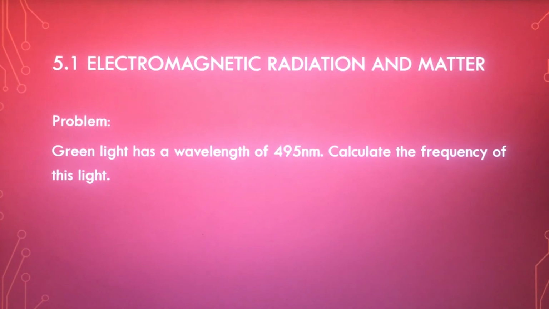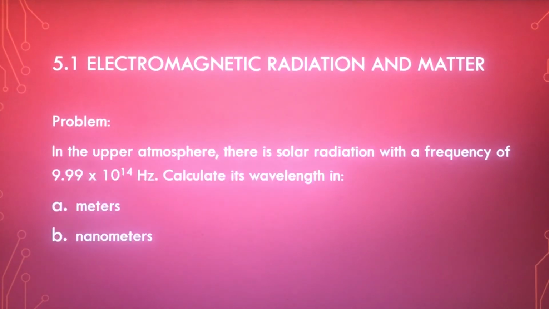Next, we also have a problem, but this time it is reversed. In the upper atmosphere, there is solar radiation with a frequency of 9.99 times 10 to the 14 hertz. Calculate its wavelength in meters and in nanometers.